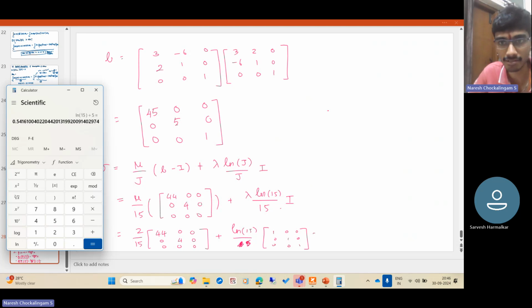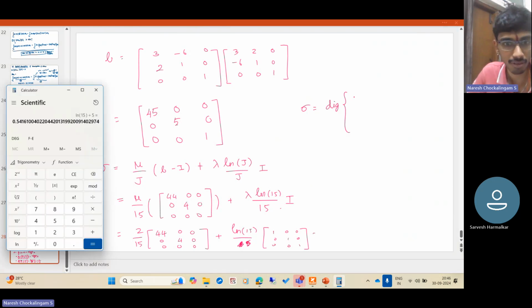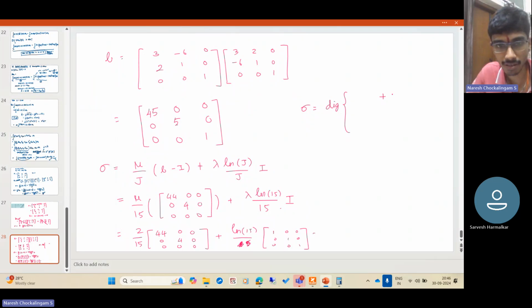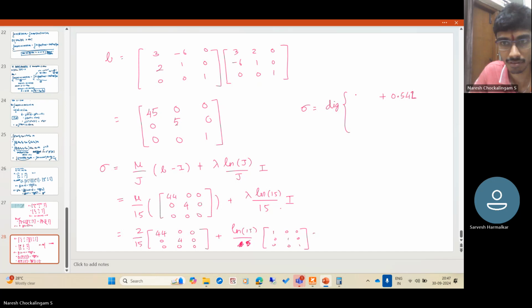It's anyway diagonal. So let's say sigma is diagonal. What are the terms? The first one has a plus 0.542, and in the first term it is 2 into 44 by 15, so 88 by 15, some 5.867.